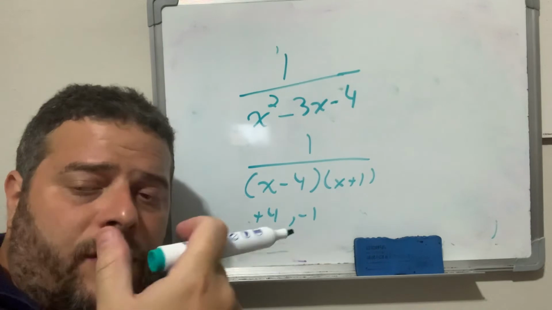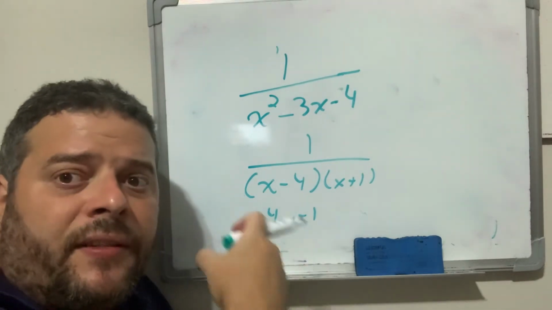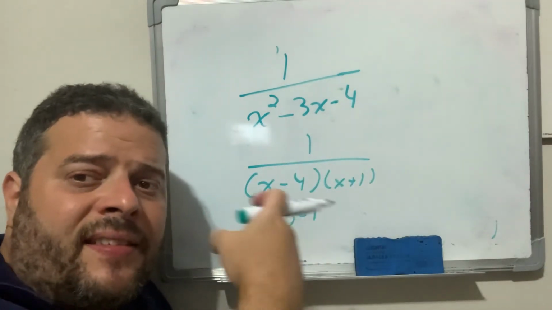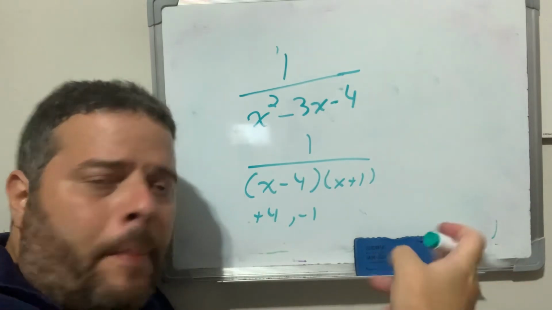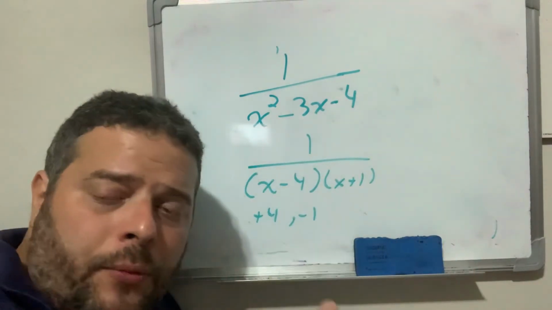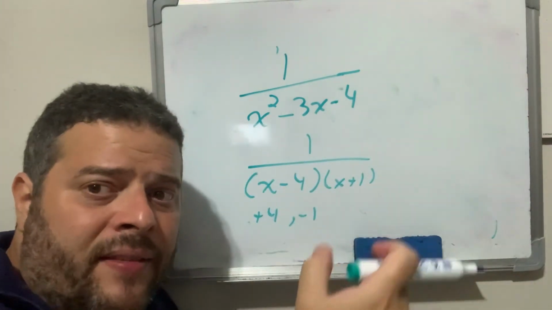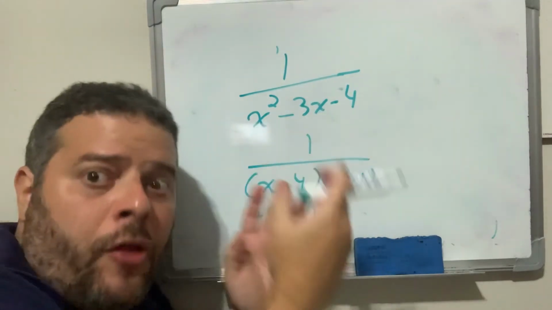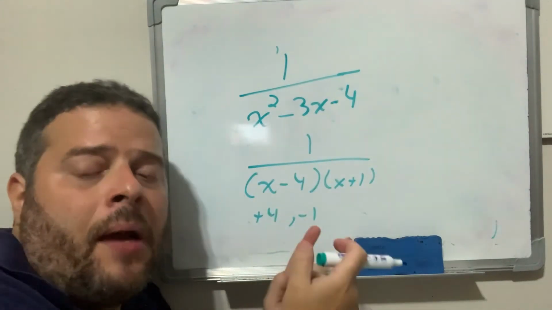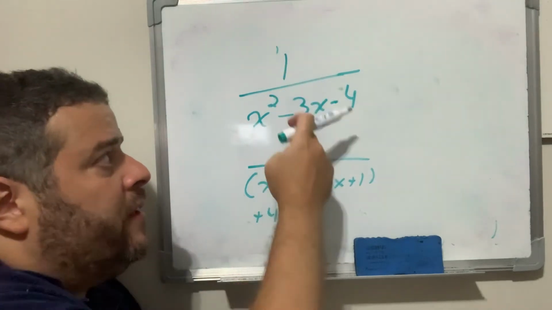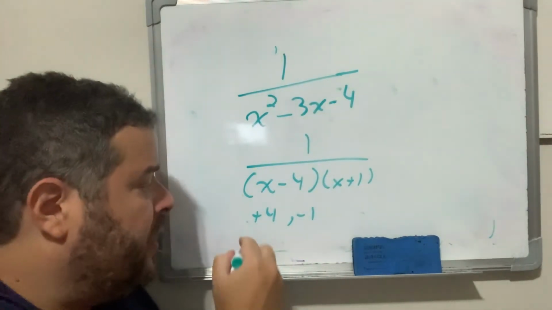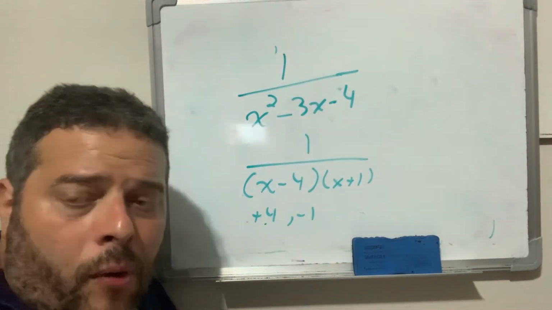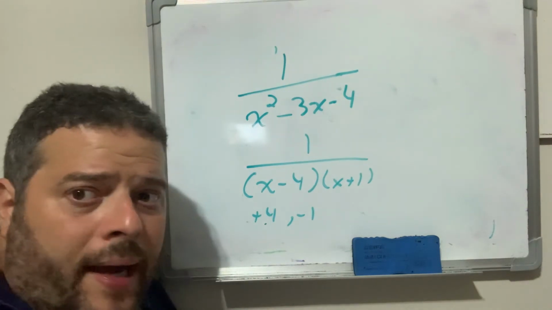So what you're trying to do when you're finding the domain algebraically is see what values make your denominator 0, and the domain is everything except those numbers that make the denominator 0. If you plug this into your calculator, you will see that at 4 and at -1, you're not going to get an answer back.